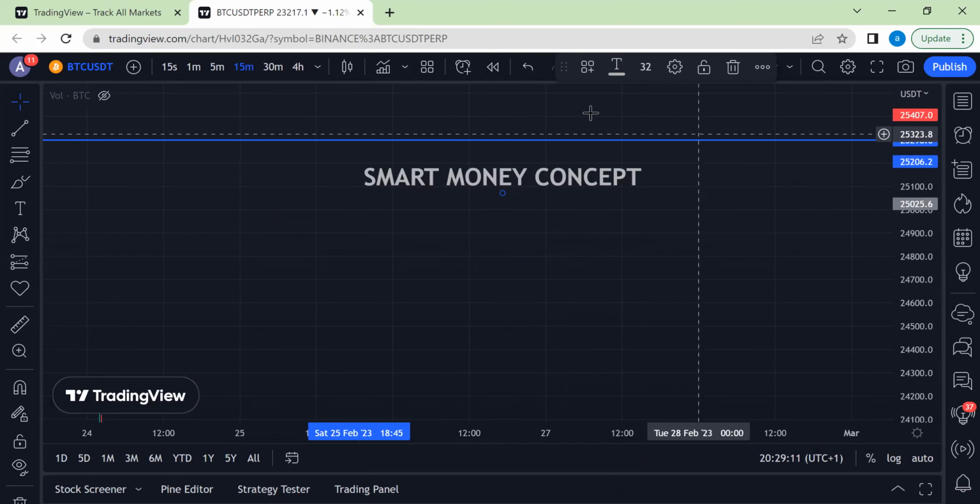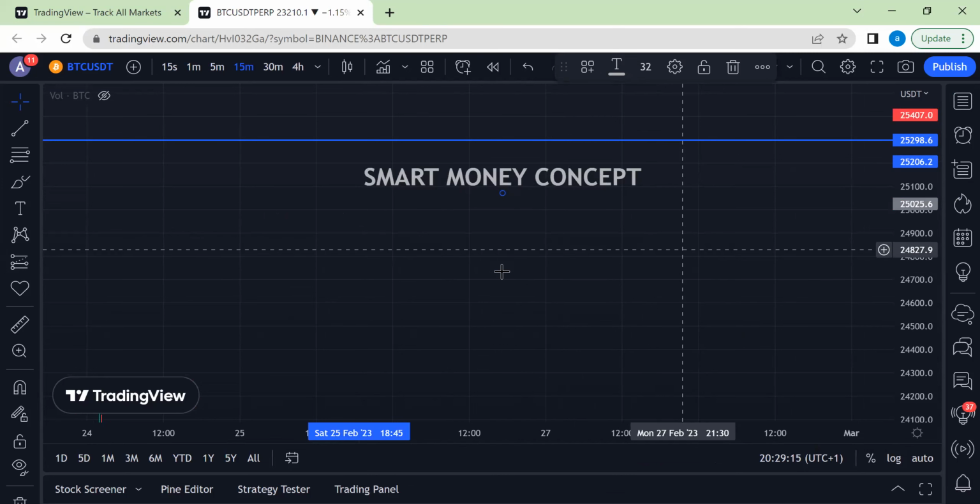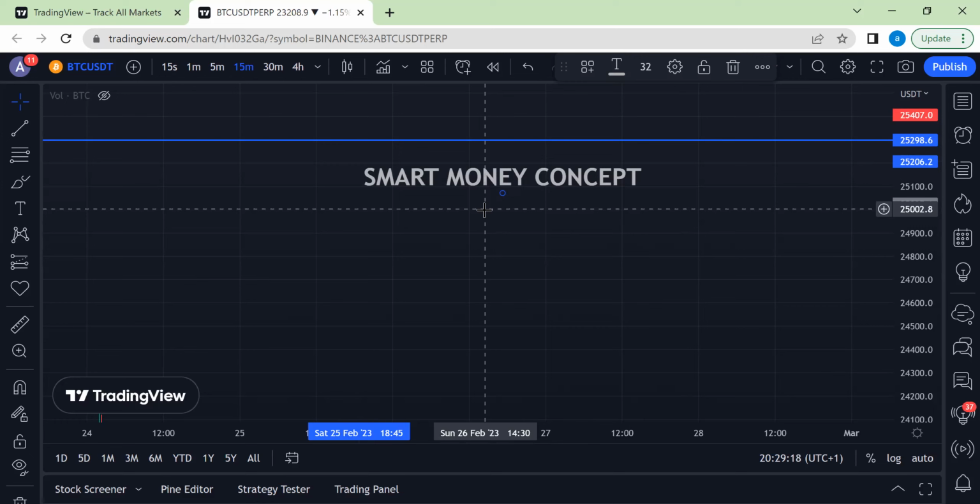This smart money concept is a kind of new strategy, not as ancient as the retail trading concept.